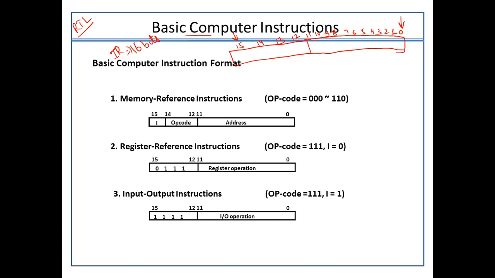One part, which is 0 to 11, is holding the address of memory. Then bits 12, 13, 14, three bits, represent the opcode bits, meaning what to do, which kind of micro operation I want to perform.